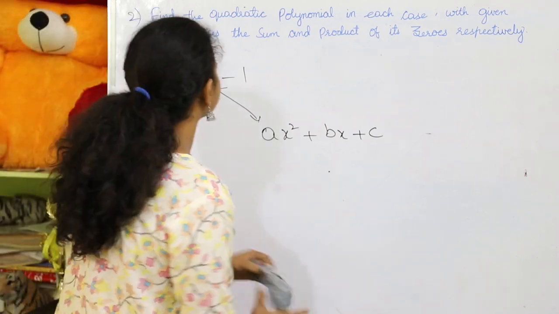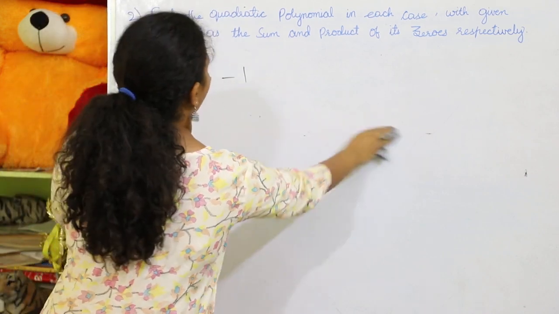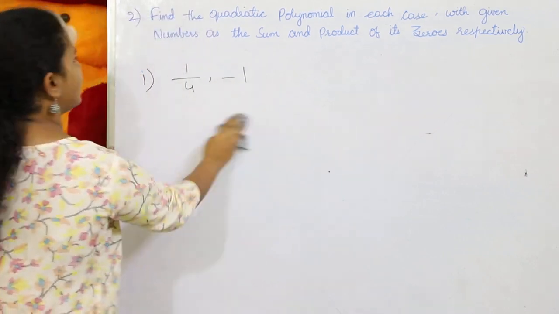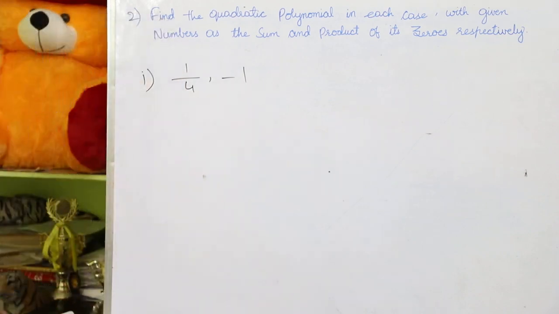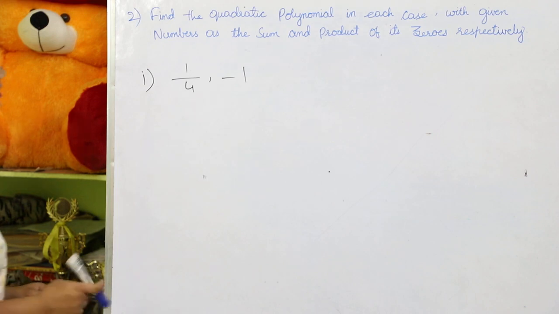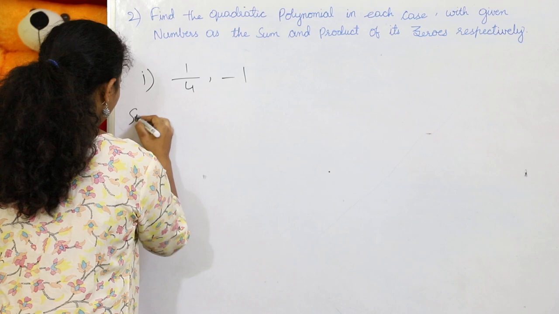Now, firstly, find the quadratic polynomial in each case with the given numbers as the sum and product of its zeros. So, what do you do, guys? Solution.